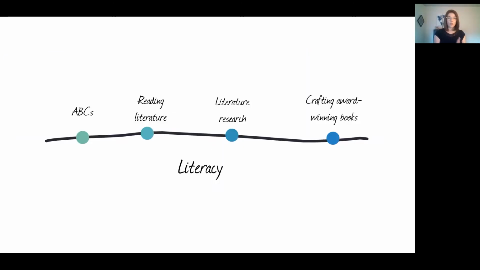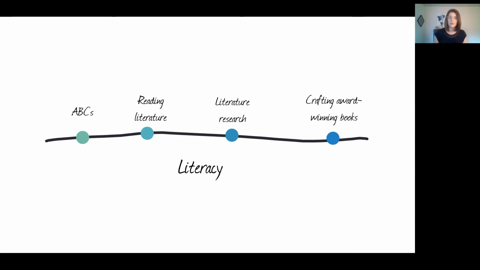A child goes from learning the actual ABCs in primary school to experiencing a variety of literature through secondary school. At this point, the child, now young adult, might decide to major in literature at university and start doing some research. If they end up crafting an award-winning book, we might consider this the pinnacle of literacy, as they've mastered all of the components of their craft.